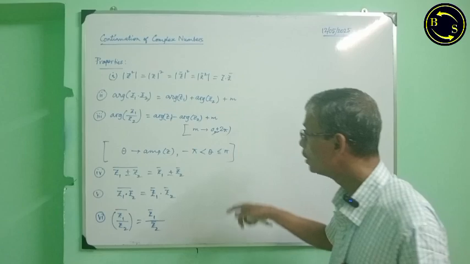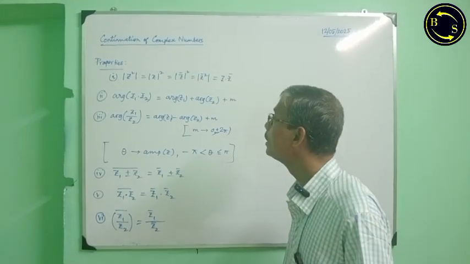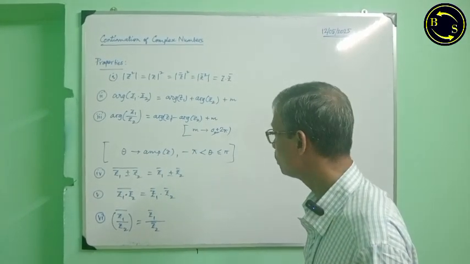These are the remaining properties of complex numbers.